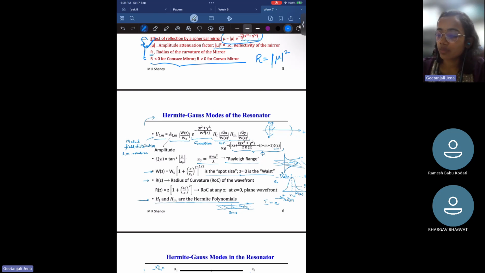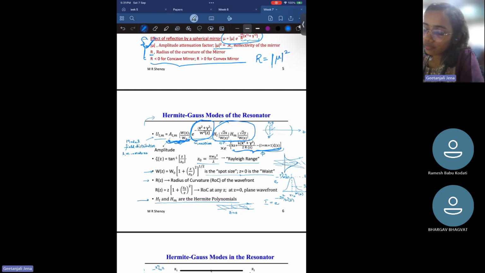We'll have Hermite polynomials, which are these terms HL and HM, and there is a Gaussian function here. And these are the phase factors. One is the phase factor which may be due to the reflection from the mirror, and the other is the amplitude of this Gaussian function, the Hermite-Gauss mode.